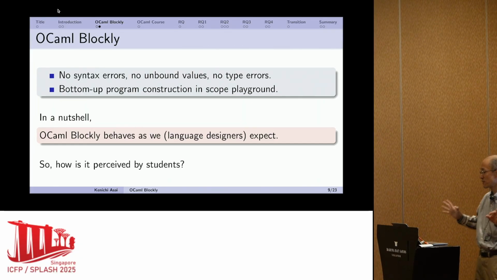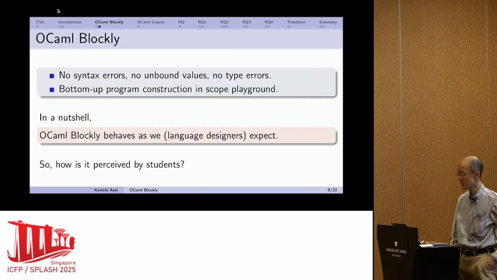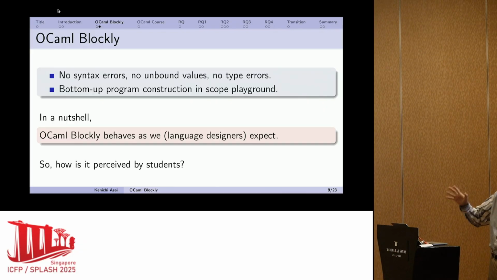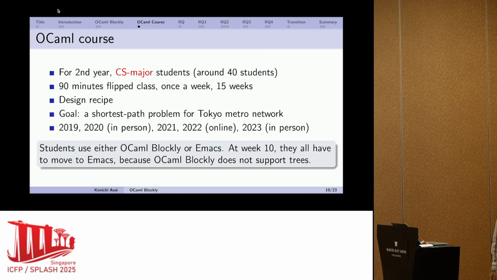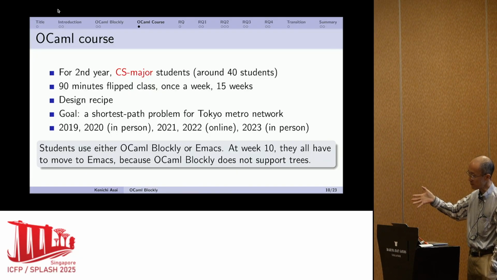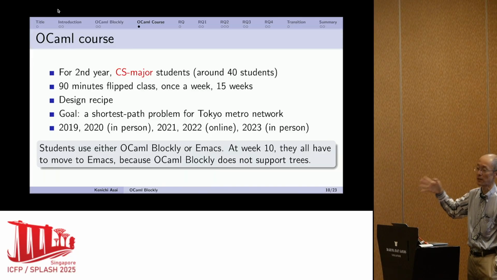So no syntax errors, no unbound values, no type errors, and bottom-up program construction is done in the scope playground. So in a nutshell, OCaml Blockly behaves as we language designers expect. So how is it perceived by students? I use OCaml Blockly in my functional language course, a 90-minute flipped class once a week for 15 weeks.